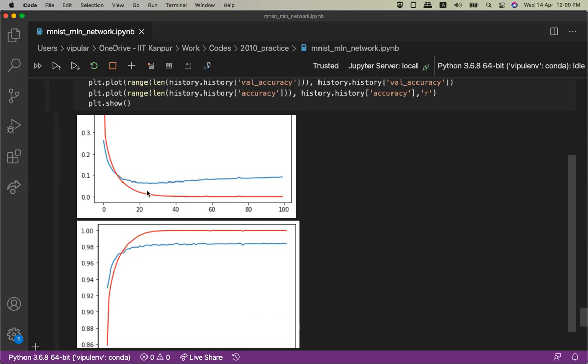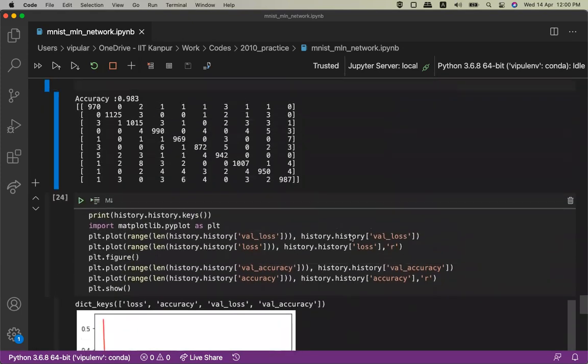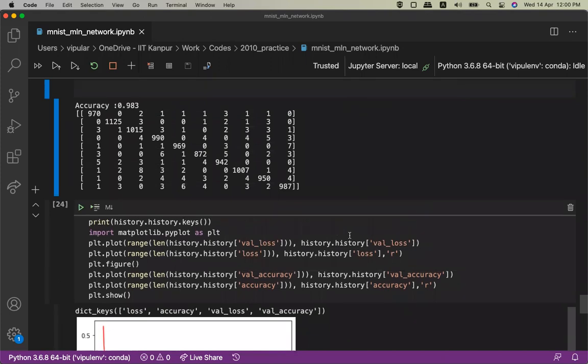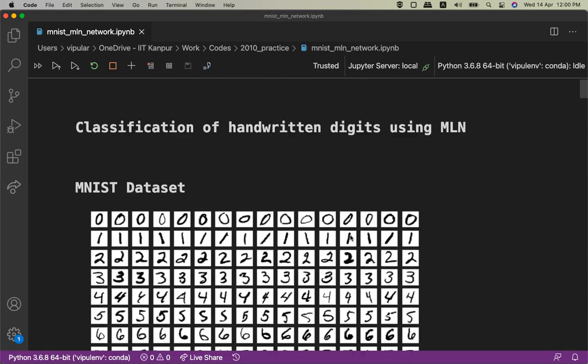But ideally, we would have stopped somewhere here. Anyway, this was our practical application of neural networks for digit classification, or any classification problem in general. If you have any questions, you can ask.